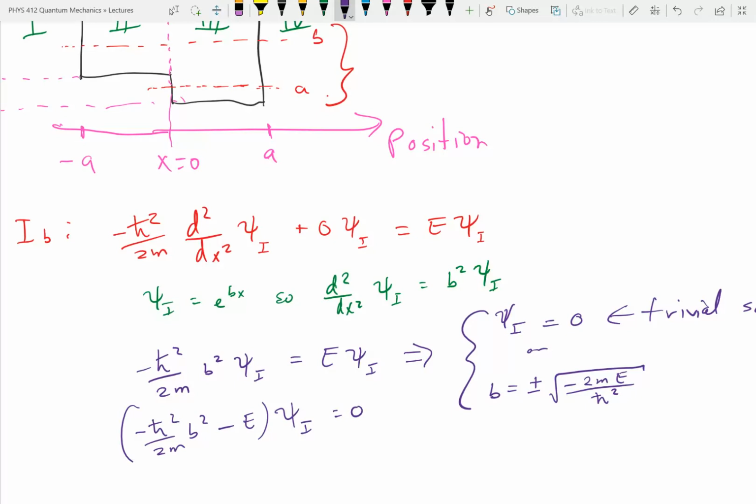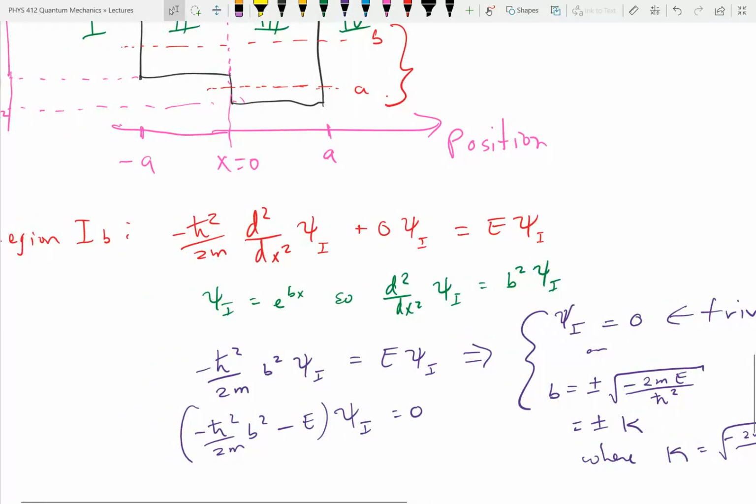Why didn't I put I? Because your energy is negative. Because my energy is negative, right? That's a really important thing to keep in mind when you're going through this. And then it's just for convenience that we define kappa is equal to square root of minus 2me over h bar squared. We don't have to make that definition at all. It's just we would spend twice as much time writing out our equations.